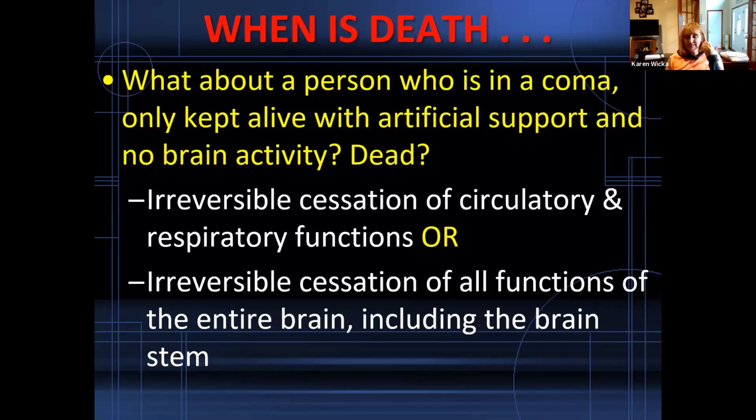Or complete, irreversible cessation or stopping of all brain activity. Okay, so if you have zero brain activity, that is also when you cease being a person. So under common law, if either one of these is fulfilled, you could end life support and it would not be considered a homicide because you no longer fit the definition of person.